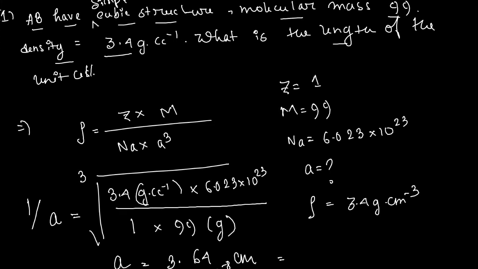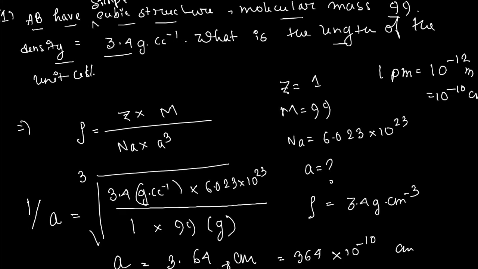We can convert it into picometer, because as we know 1 picometer is equal to 10 to the power minus 12 meter, equal to 10 to the power minus 10 centimeter. So we can write it as 364 into 10 to the power minus 10 centimeter, equal to 364 picometer. So the answer will be 364 picometer.